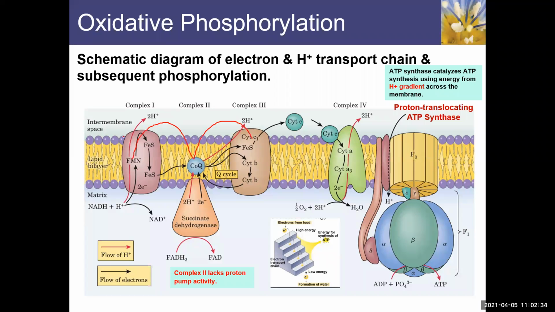If you see, this is the outer membrane, and this is your inner membrane. The electron carriers are present in the inner membrane of the mitochondria. Okay, so I'm just telling you the main idea.